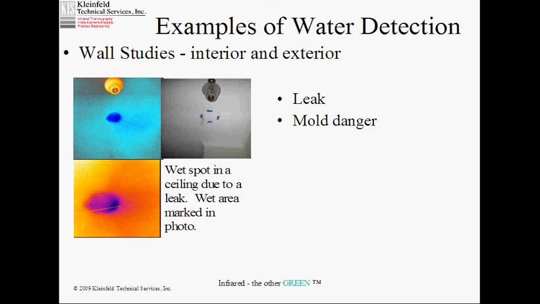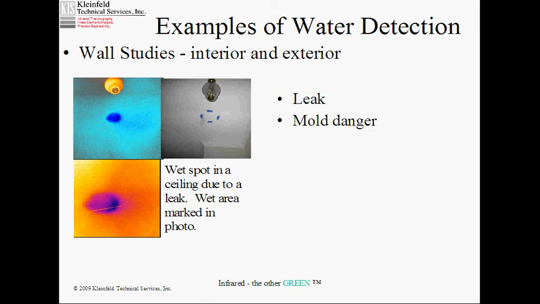This is an interior. It's a ceiling not quite under a bathroom. On the upper left one, the one in the blue image, if you will, you can see there's a real cool spot representing wet. There's a close-up of it here with the pointer kind of pointing to the fact that it's not even and that you have some additional but not as severe cool moving off towards the right. That's what happens after you've applied heat to that surface.